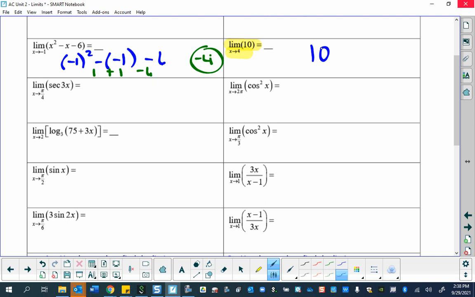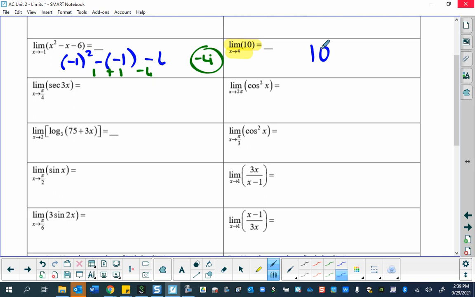Do you remember your horizontal lines? If I have a straight line as x approaches 4, it doesn't matter. My output's always 10. That's a constant value. Got it?